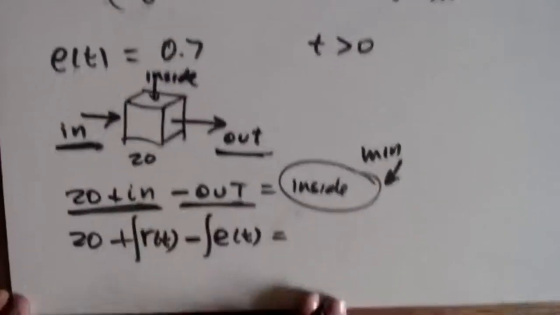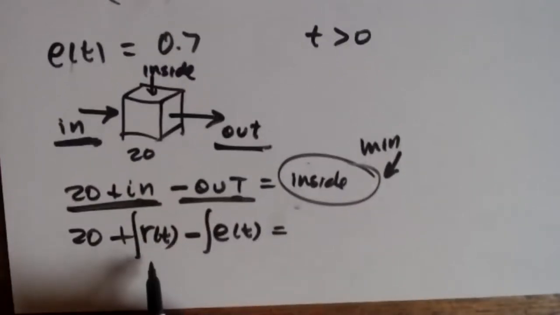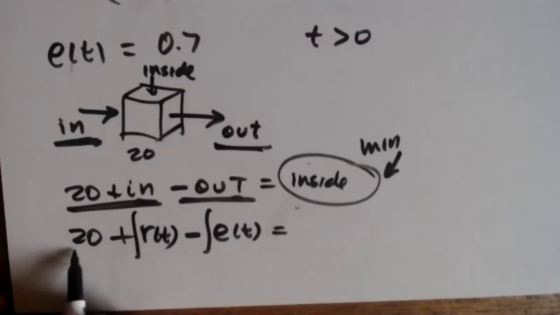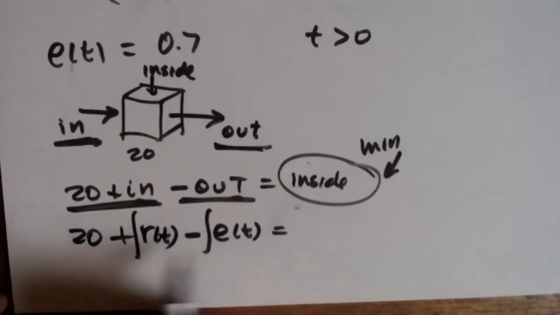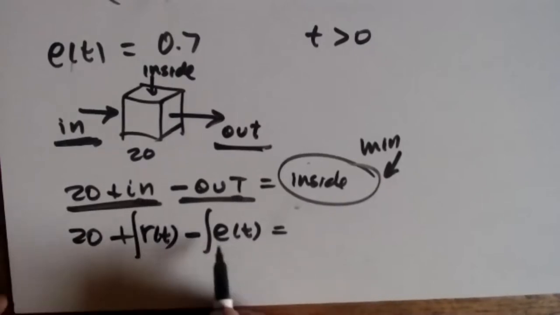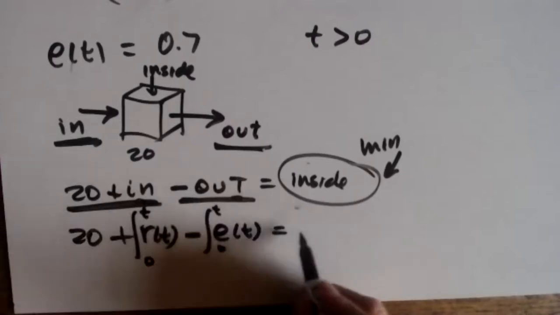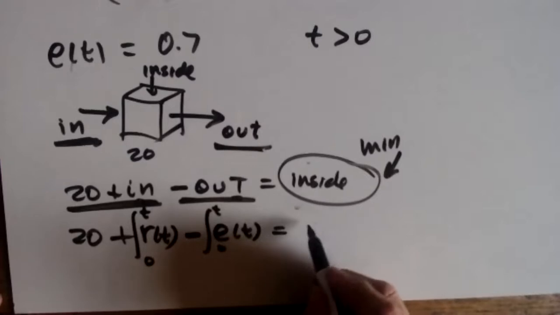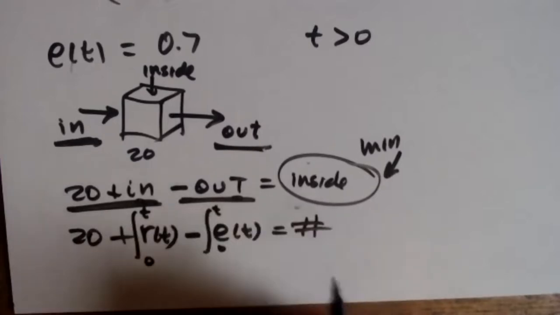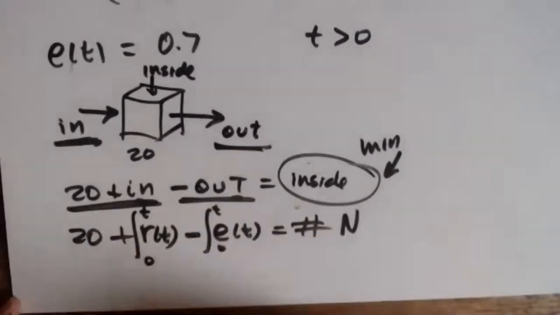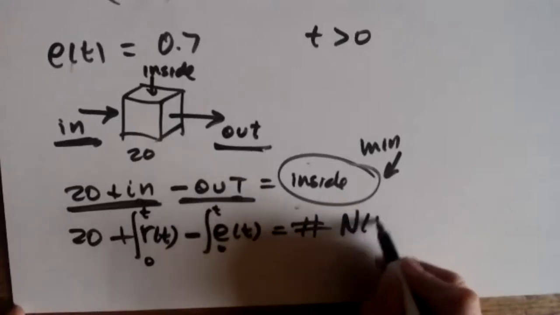The 20 is the number of people, and this is the rate of change, correct? So I need this number, from 0 to t. This is the number of people inside, n, let me put it as n of t, correct?